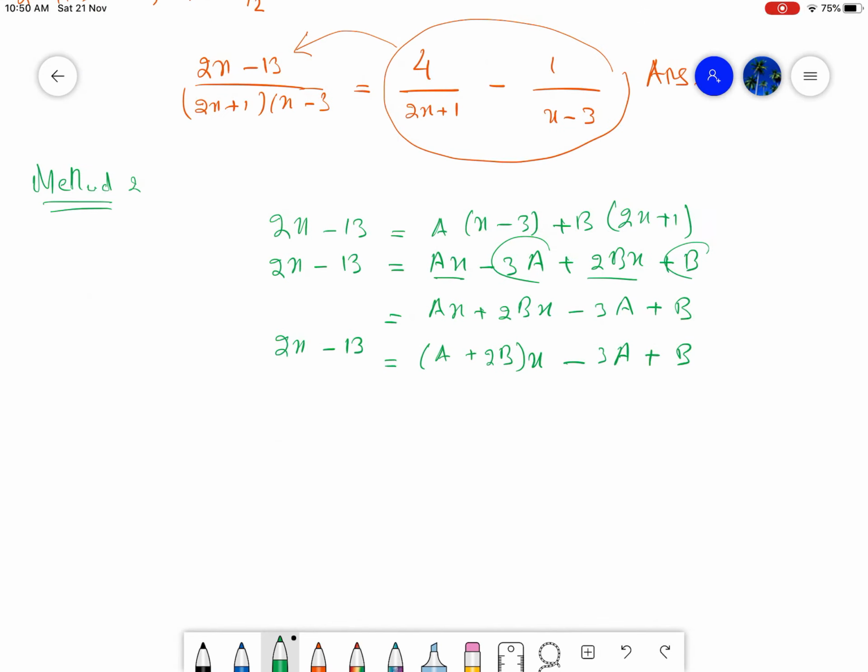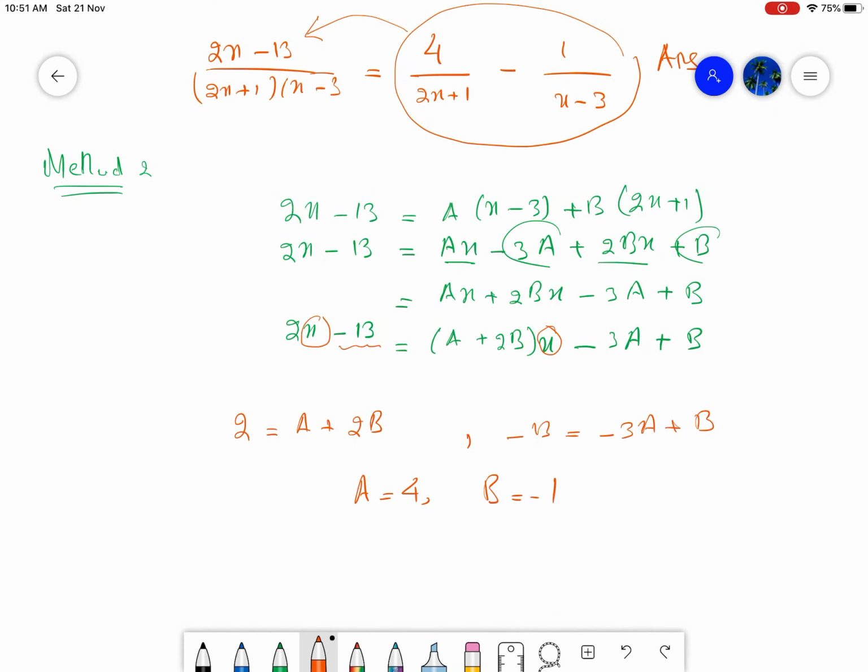Now equating the coefficients means equating the coefficients of x, so we get 2 is equal to A plus 2B, and equating the constant terms, where there is no x, minus 13 is equal to minus 3A plus B. Clearly you get two equations, and if you solve these equations simultaneously, you will again get A is equal to 4 and B is equal to minus 1, and therefore the answer is again (2x minus 13) over (2x plus 1)(x minus 3) is equal to 4 over 2x plus 1 minus 1 over x minus 3.